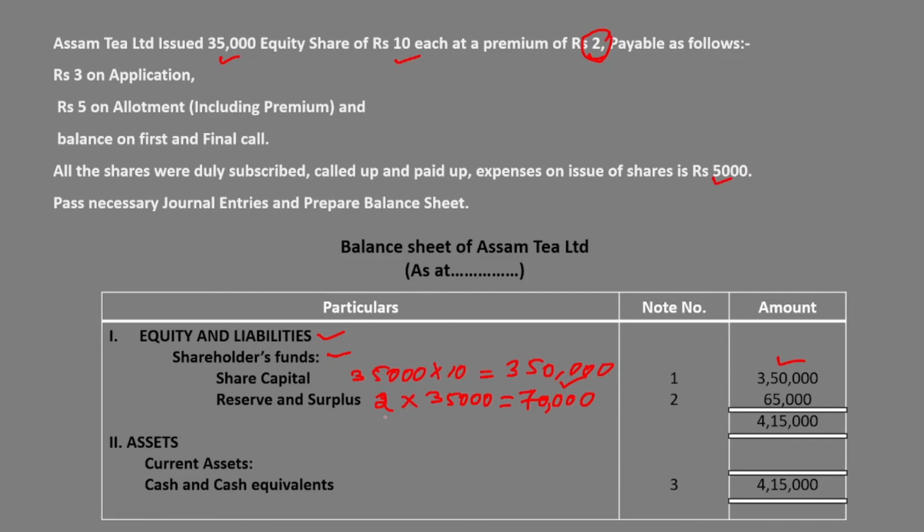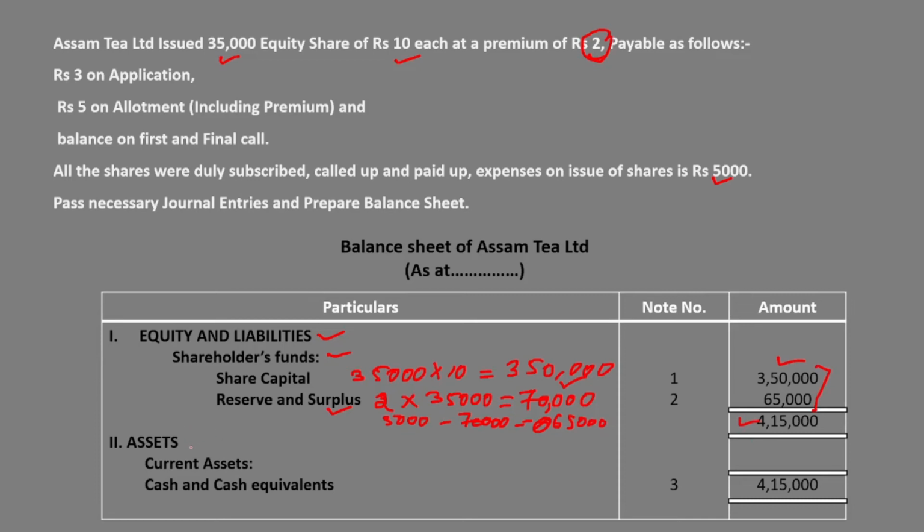Then we will get 65,000. The value for reserve and surplus is 65,000. The sum of these two values will be 4,15,000.